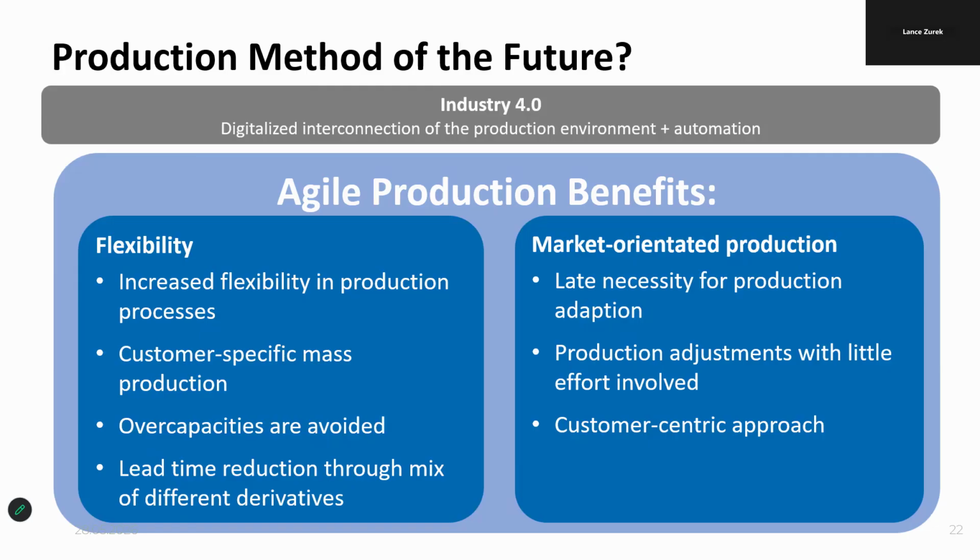Now, the most notable benefits of incorporating such agile production methods in the area of flexibility, including the increased flexibility in production processes, is being able to offer customers specific mass production while avoiding overcapacity and also reducing lead time through a mix of different derivatives. An additional benefit is being able to produce goods as specifically dictated by the wants and needs of your customers.